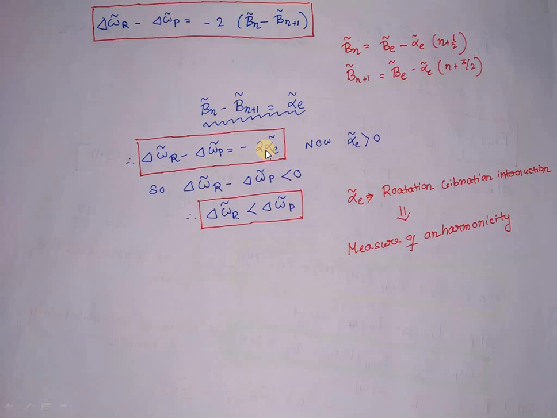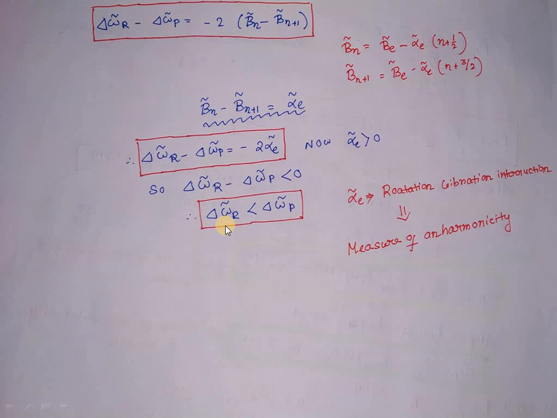Now, as we know that this alpha E bar is always greater than 0, this difference is always less than 0. So we can say that delta omega R bar is less than delta omega P bar. From there we can conclude that the spacing in the R branch is less than the spacing in the P branch.